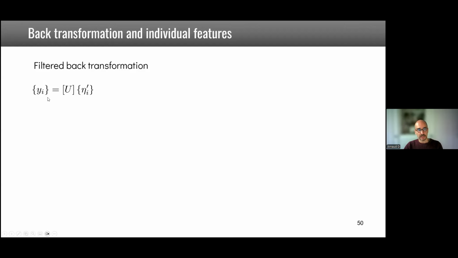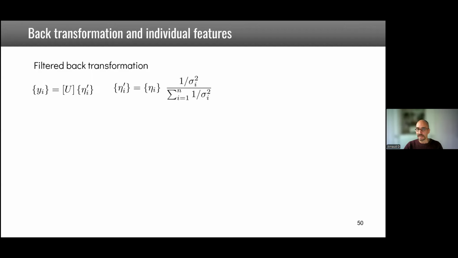But when I do the back transformation, I have to be careful that I don't introduce in the back transformation too much of the environmental factors. So what we did is that instead of using the eta, we use an eta prime, which is weighted by the inverse of the sigma values. So if the variability is large on my eta values, then my eta prime is almost 0.